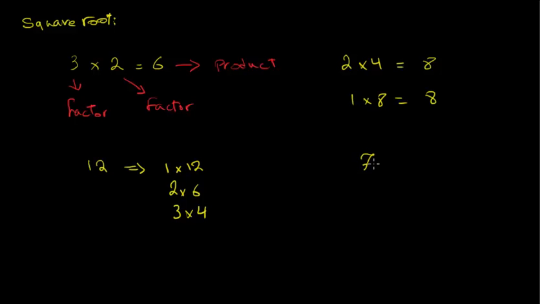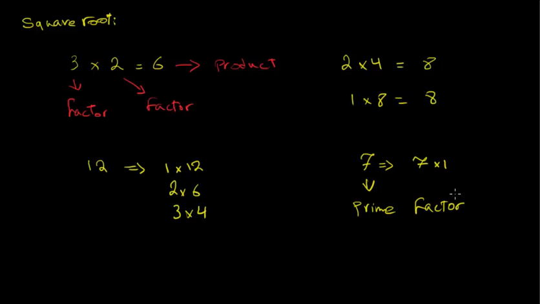What about 7? 7 can only be multiplied by 1, and so the factors are only 7 and 1. There are no other factors for that. That is why 7 is called a prime factor.